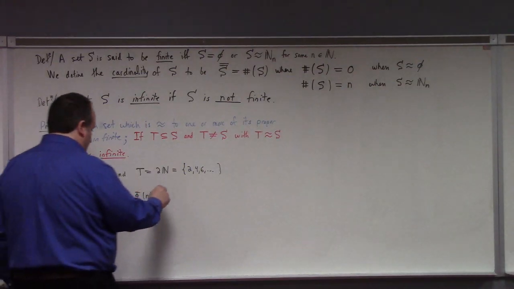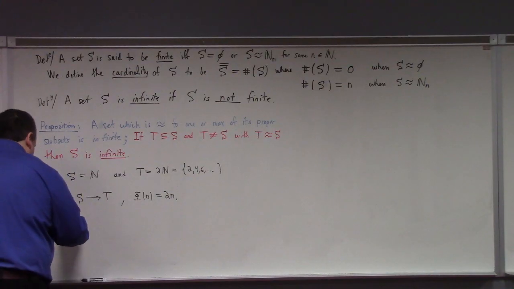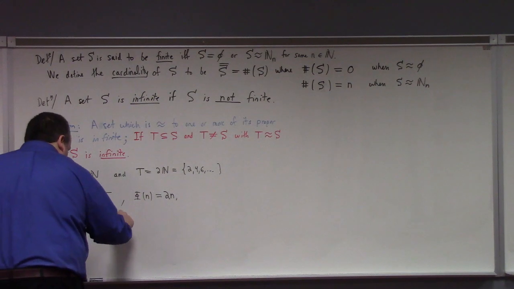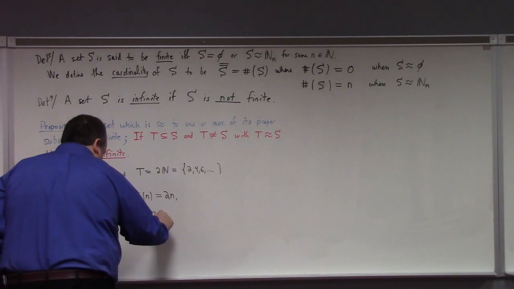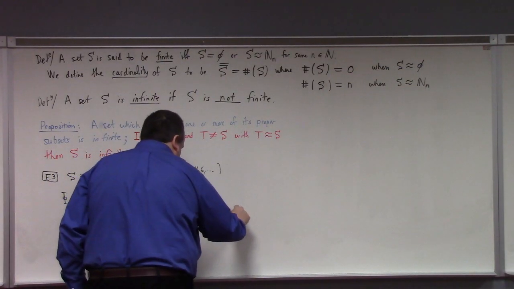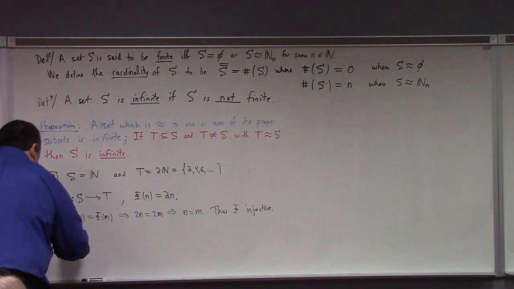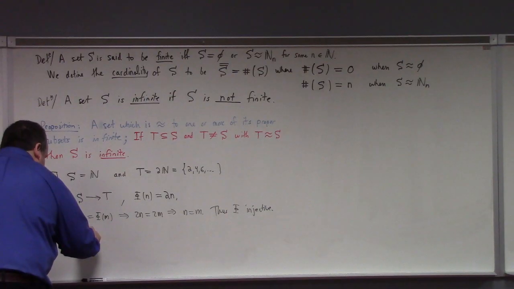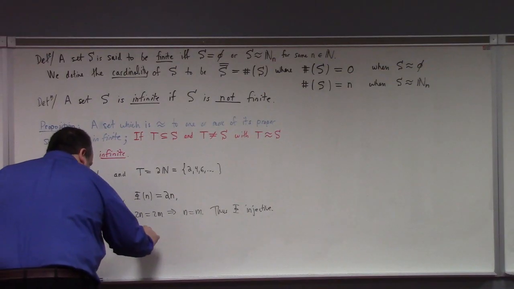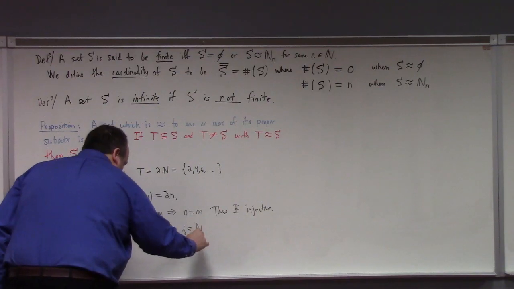2n. There you go. If we have phi of n equals phi of m, that implies that 2n is equal to 2m, which implies that n is equal to m. Thus, phi is injective, right? If we have x is an element of 2N, then x is equal to 2j for some j in the natural numbers.